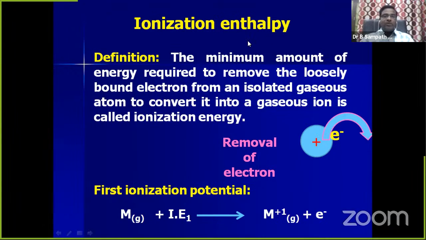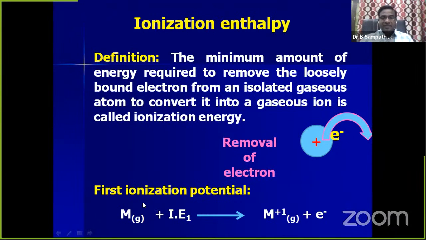So here, what is ionization enthalpy? Let us see, children. The minimum amount of energy required to remove the loosely bound electron from an isolated gaseous atom to convert it into a gaseous ion is called ionization energy.